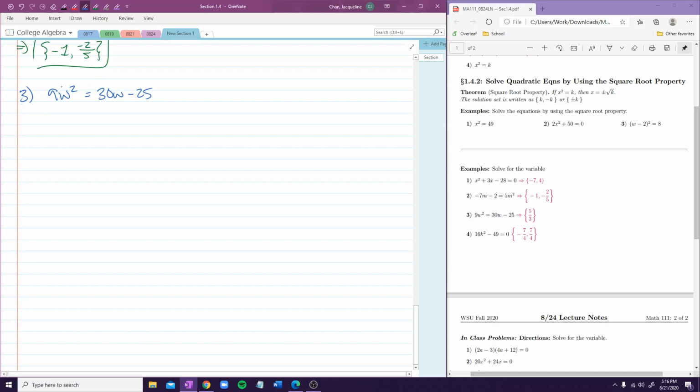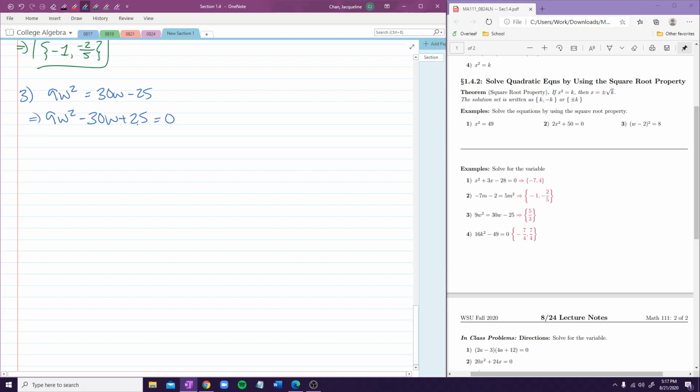How do we know which terms to move around? We want to look at the a, the leading coefficient. In this case, it's positive 9. So that tells me I want to move these terms over to keep that 9 positive. So then I'm left with 9w squared minus 30w plus 25 is equal to 0.